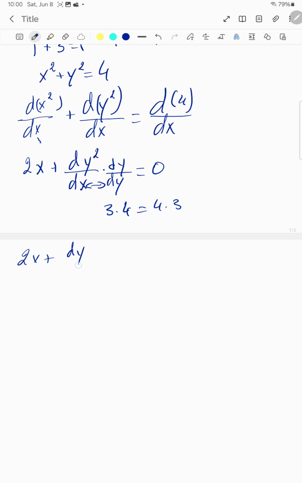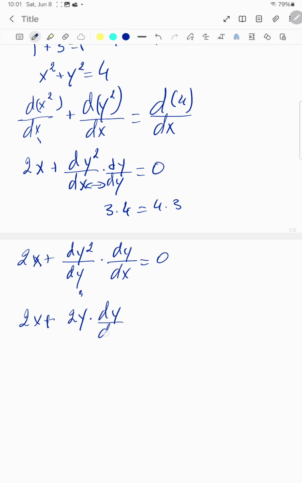So it becomes d of y square according to dy times dy divided by dx is equal to 0. And that's an x. So now I can derive y square according to y. So it becomes 2x plus, actually 2y times dy over dx is equal to 0.